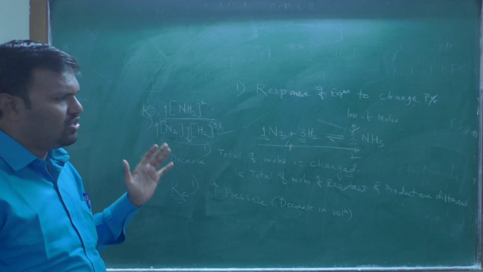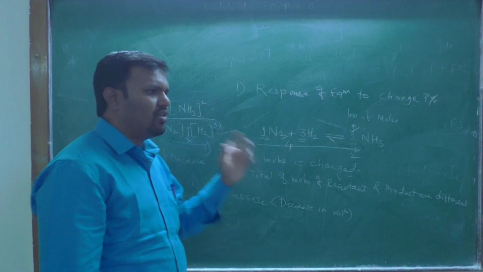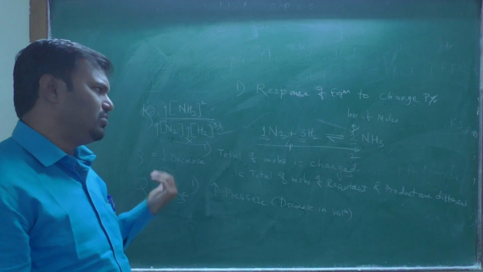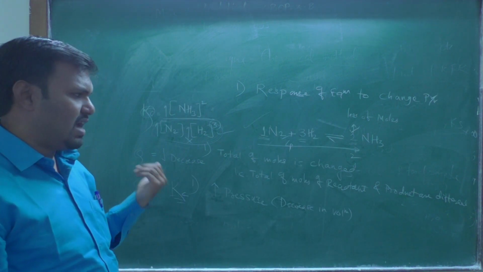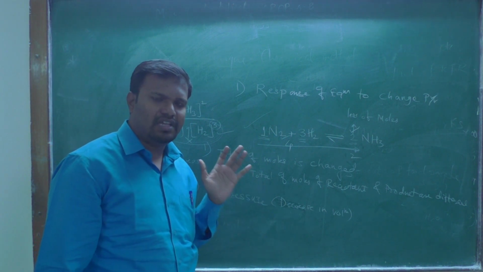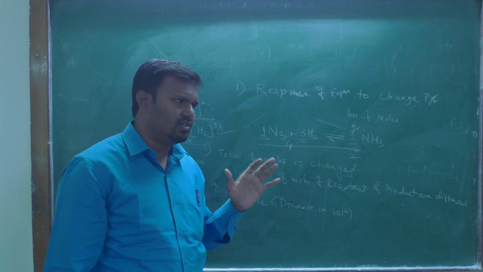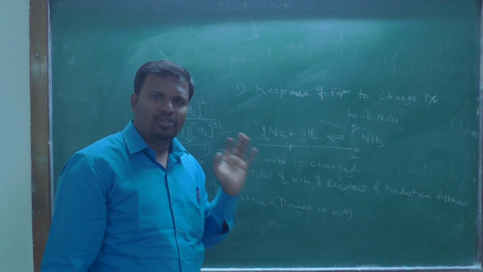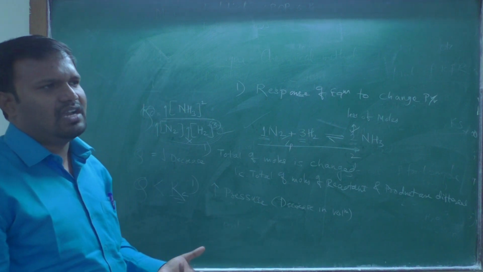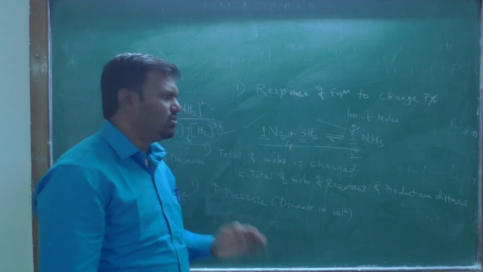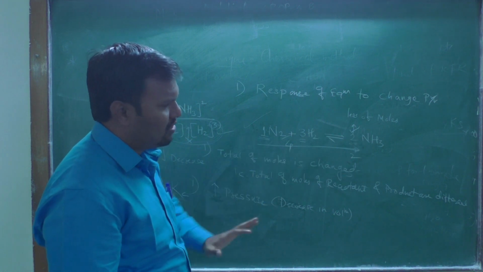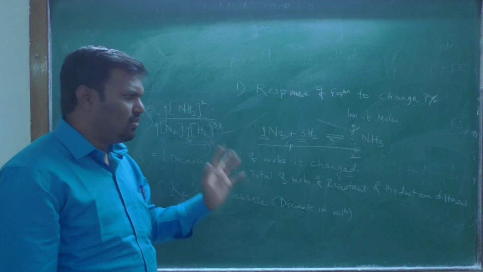Whether it is the product side or the reactant side depends upon how many moles are present. Whether product or reactant, the equilibrium shifts to the side where fewer moles are present. In this case, the fewer moles are associated with the product.